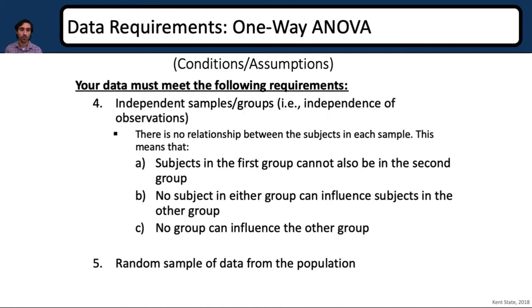You have to make sure that there's an independence of observations. In other words, there's no relationship between the subjects in each sample. That means subjects in the first group cannot be in the second group, and no subject in either group can influence the subjects of the other group. And of course, it should be randomized.